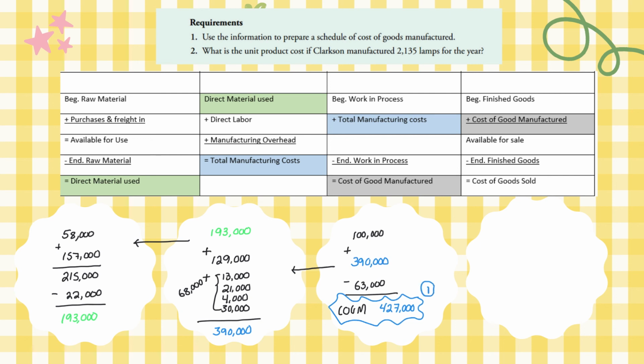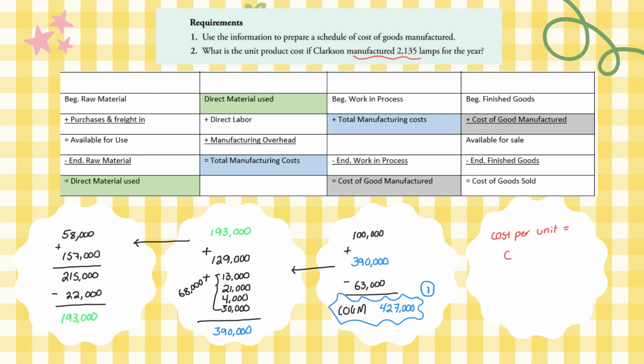Now requirement number 2, what is the unit product cost if Clarkson manufactured 2,135 lamps for the year? So to find the cost per unit, I need to divide.